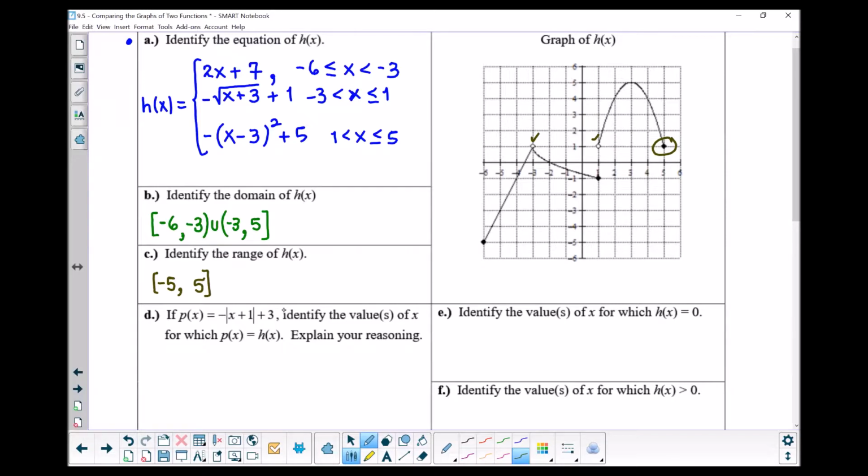Now, correct me if I'm wrong, but I think I remember taking functions P of X and setting them equal to other functions, H of X, or whatever they were called. But when that happened, we did not have a piecewise function.